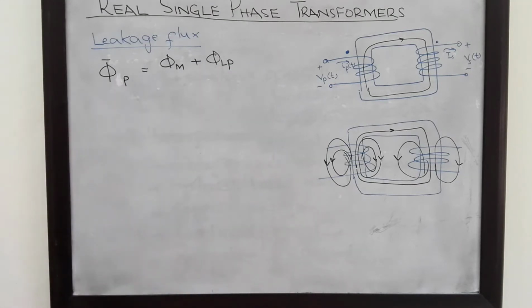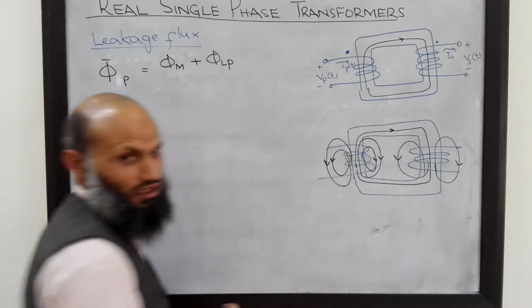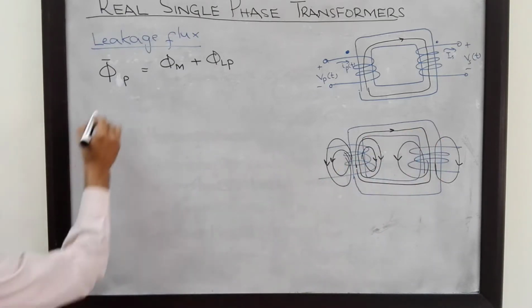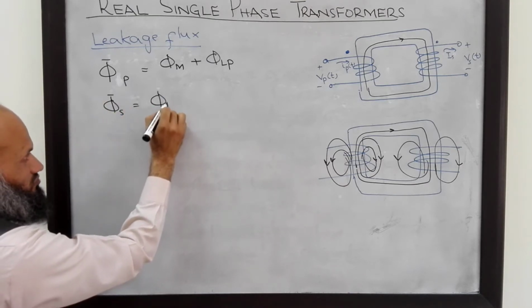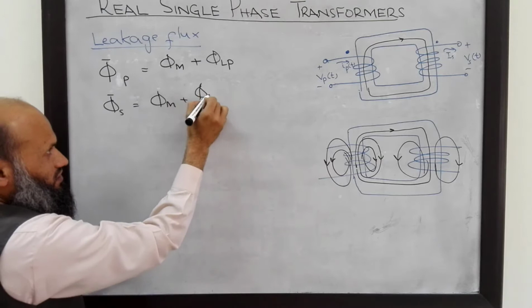Similarly, the average flux linkage with the secondary winding is given by two parts, the mutual flux and the leakage flux on the secondary side.